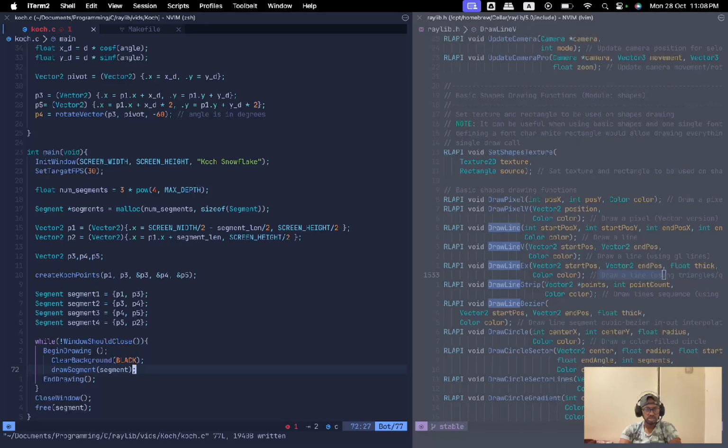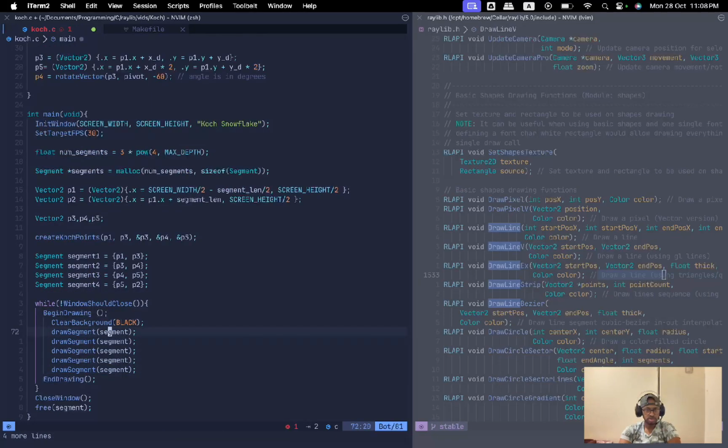Okay, let me do something like this. Now I want to test it. So row segment 1, row segment 2, row segment 3, and row segment 4. Does it work? Let's see.